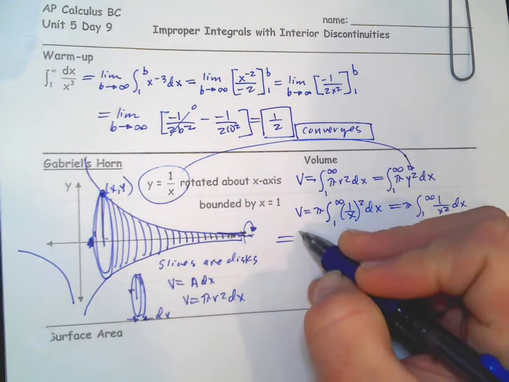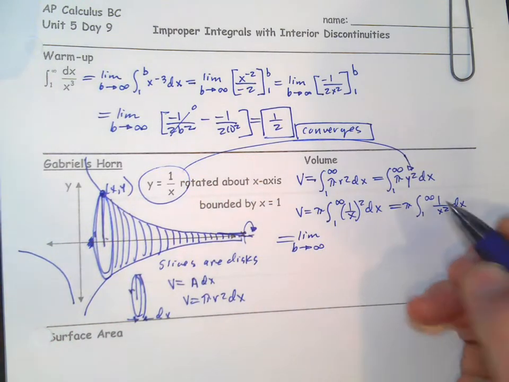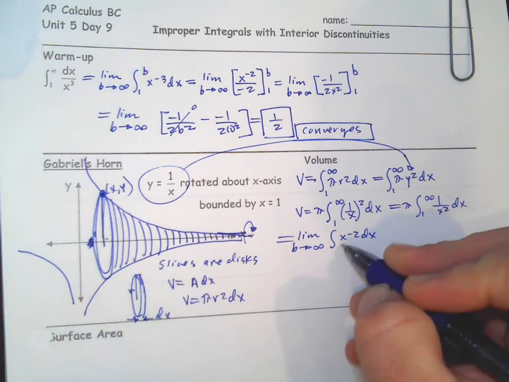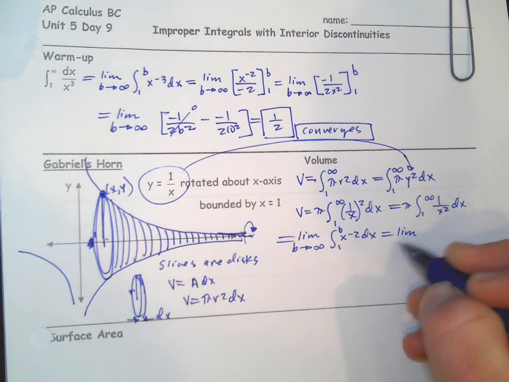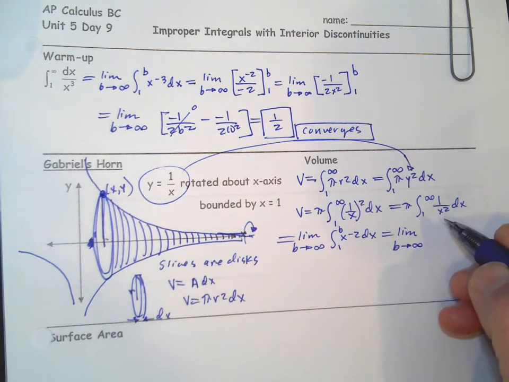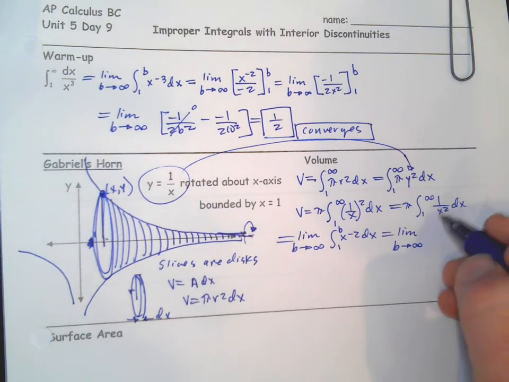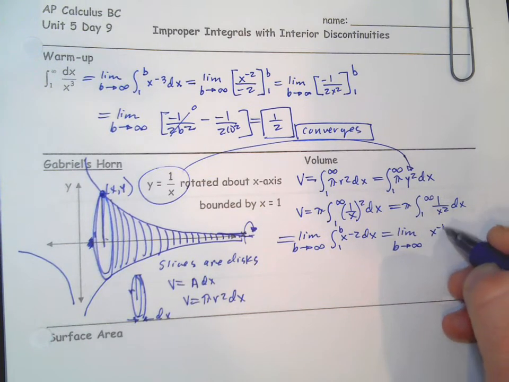And at some point, we should probably rewrite as a limit. As b goes to infinity, it's going to be x to the negative 2 dx, from 1 to b. So, the volume of this infinite horn, does it converge? Does it blow up? Does it diverge? It's going to be x to the negative 1 over negative 1.